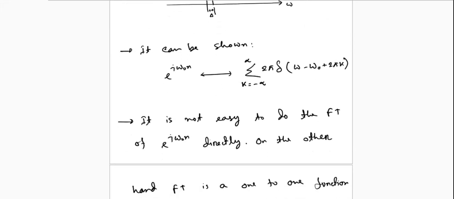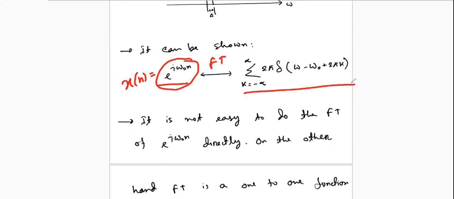The thing is, if we want to solve e to the power j omega 0 n, we can solve it. So we have this. What is this? This is your x[n]. You need to do the Fourier transform, and let's say you got this result. By mathematics, using the direct form, it is very difficult.